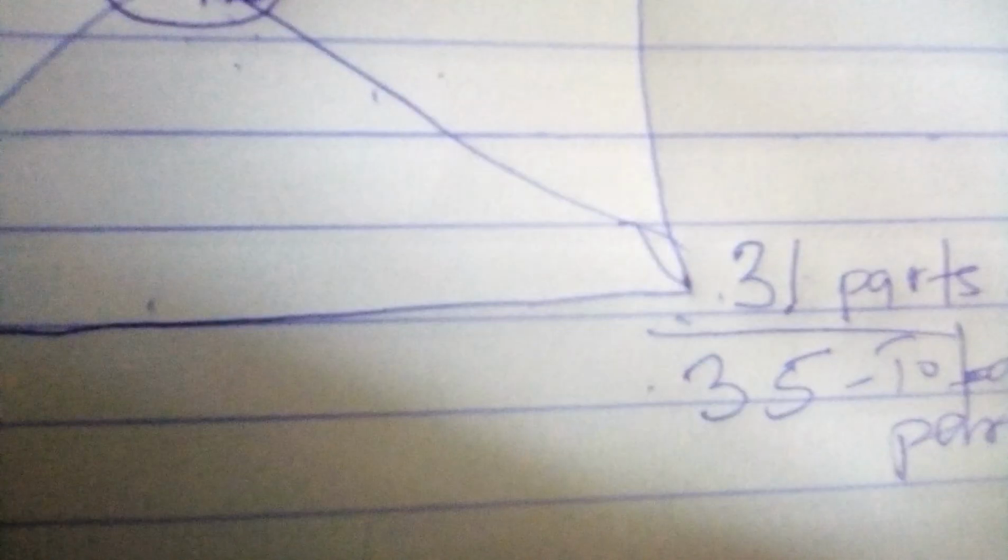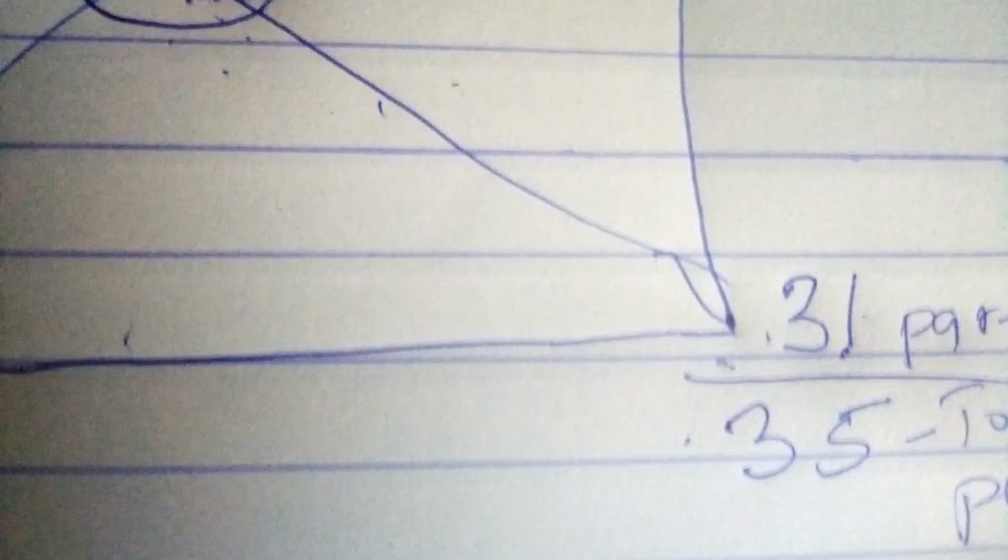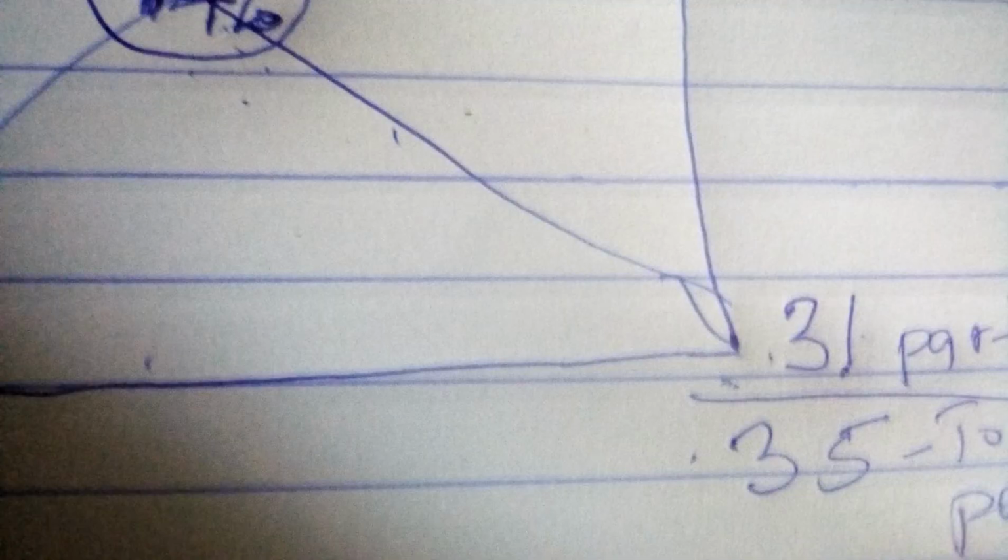So always subtract on the diagonal within the square in order to determine the parts, as we just did here. I hope you are getting that. Always double check your calculation to make sure you did not make a mathematical error. You can use your calculator so you do not make any error.